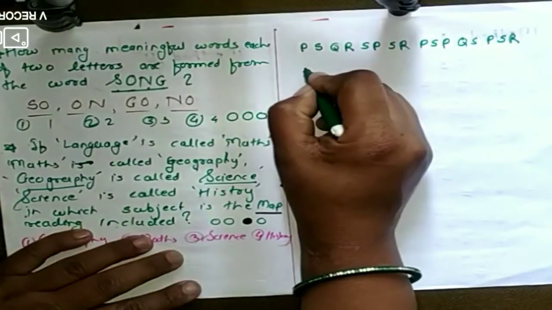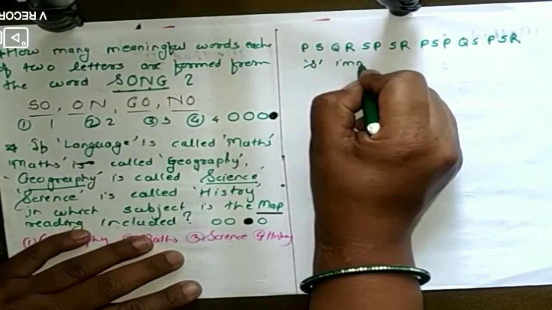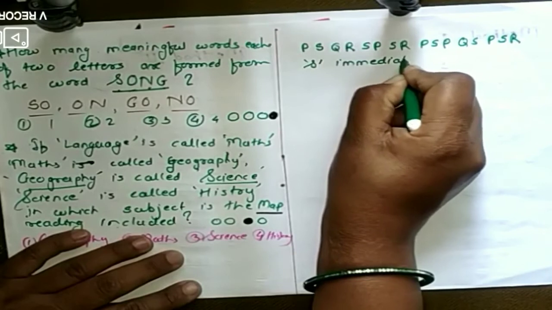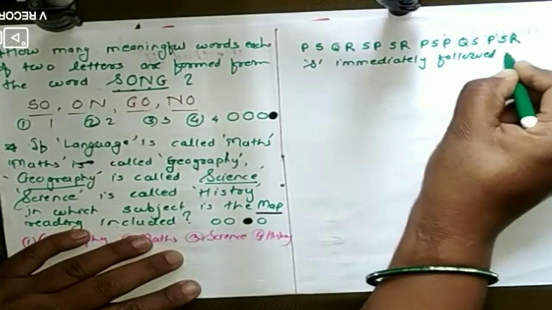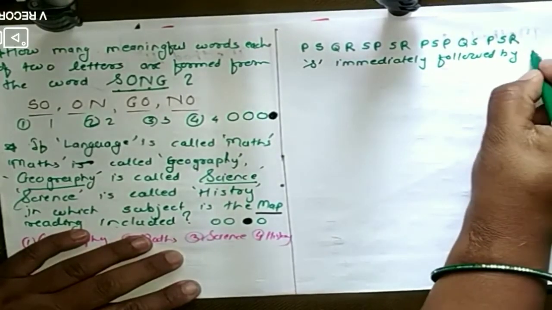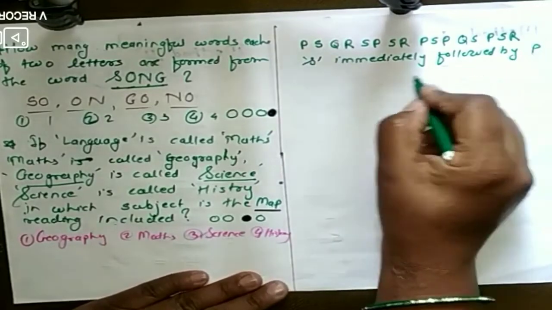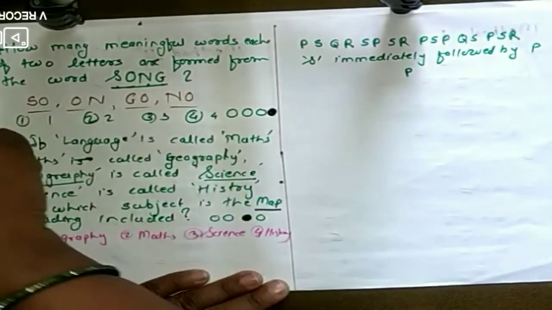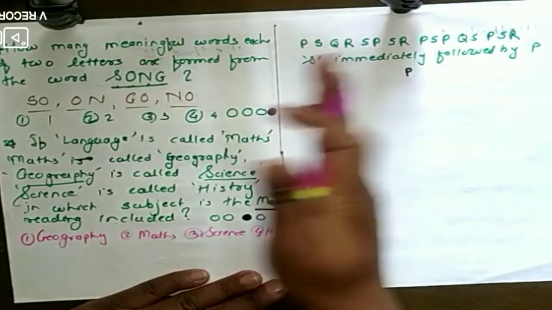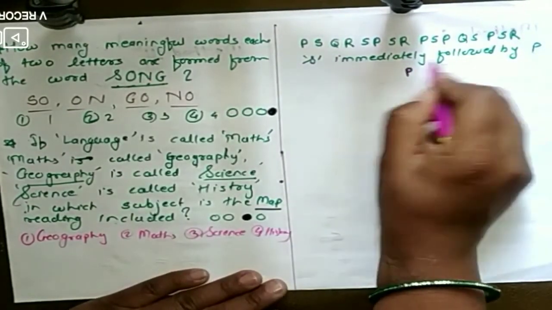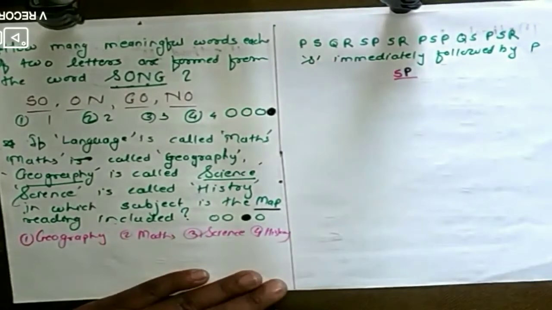In this series, S immediately followed by P. Followed means what? If S is immediately followed by P, it means we have to find the SP series in this.